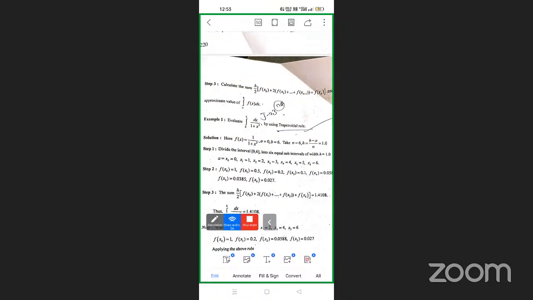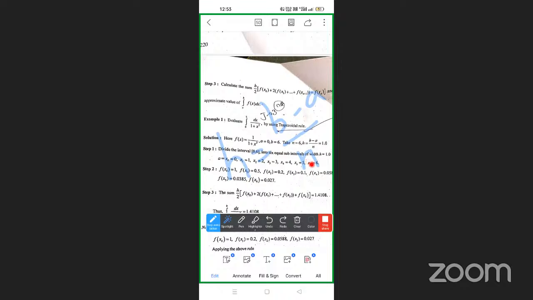Example 1: evaluate the integral from 0 to 6 of dx by 1 plus x square using the trapezoidal rule. Here h is equal to b minus a by n, where a is the lower limit of integration, b is the upper limit, and n is the number of divisions.